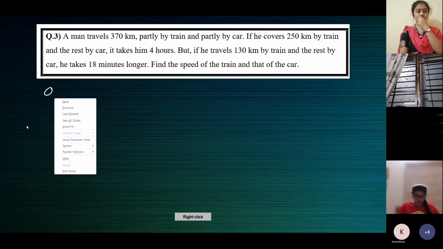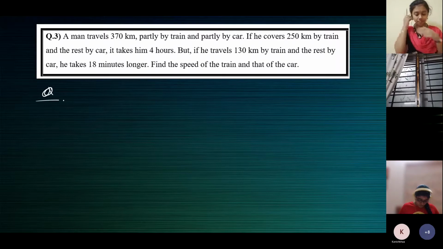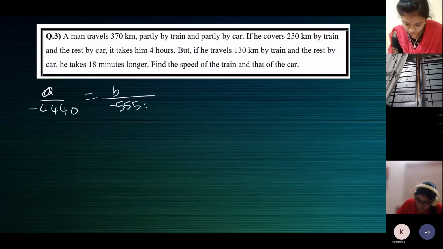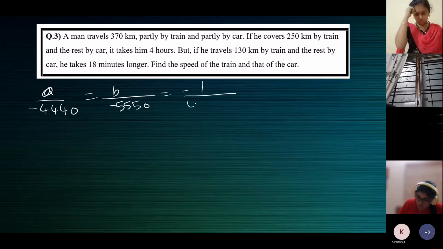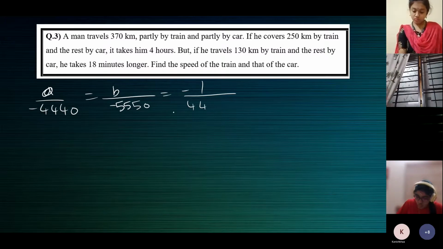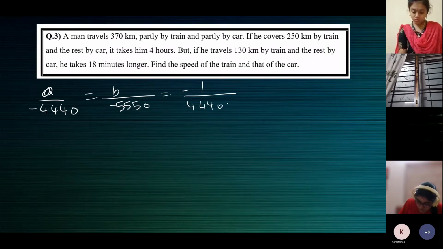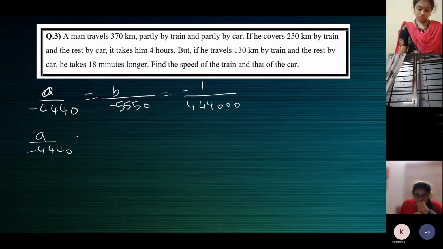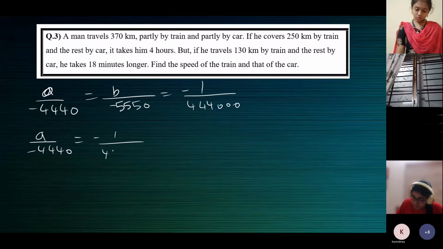A by minus 4,440 is equal to B by minus 5,550 is equal to minus 1 by 4,44,000.